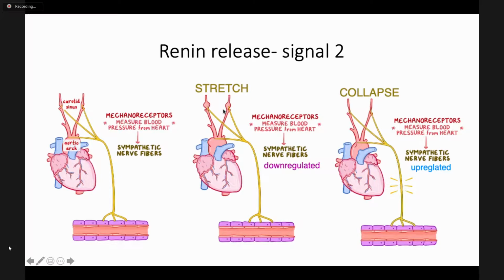Whenever this vessel is stretched, this sympathetic nerve fiber will be downregulated. Therefore, renin will not be released. Whenever this vessel is collapsed, the mechanoreceptor will sense this and the sympathetic nerve fiber will be upregulated and this will stimulate the granular cell.